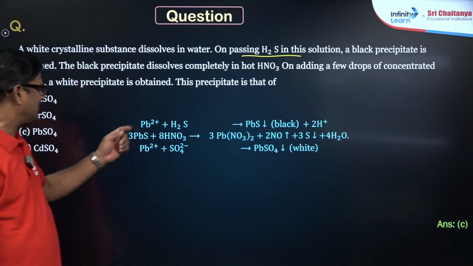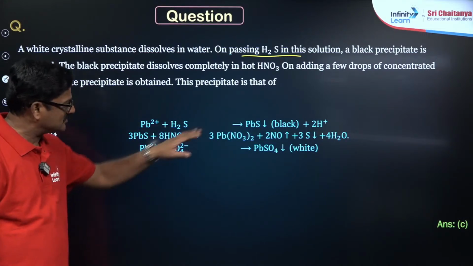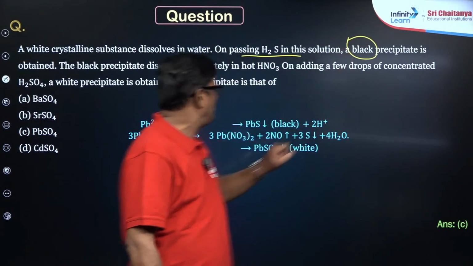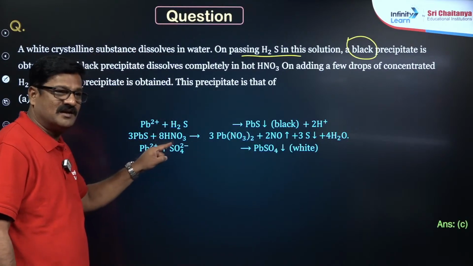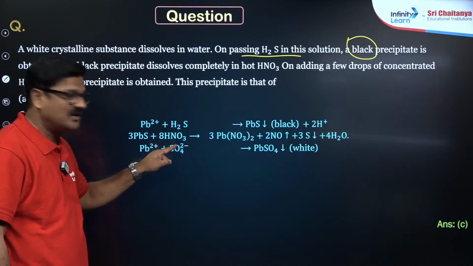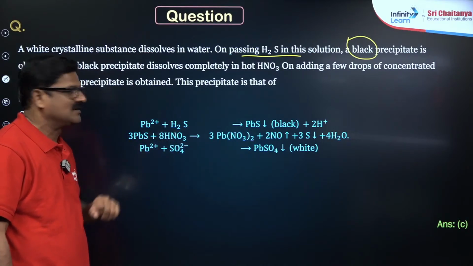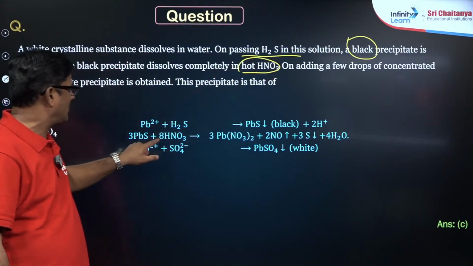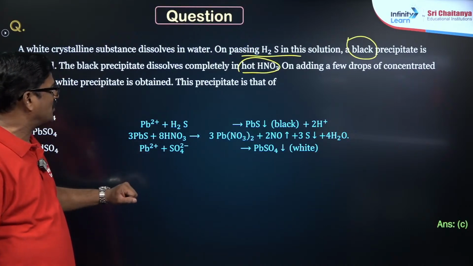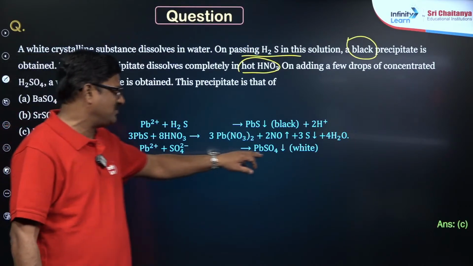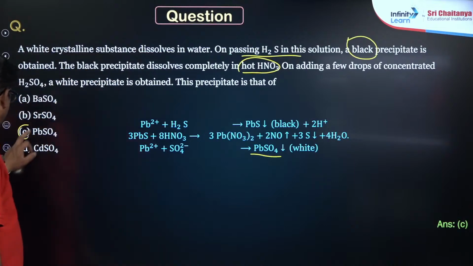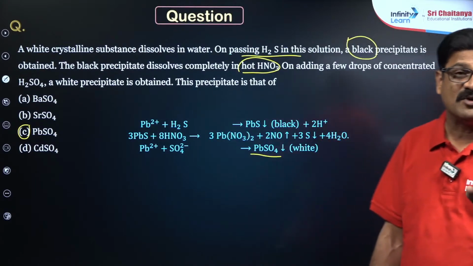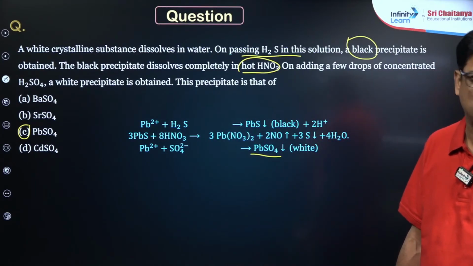Pb2 plus reacts with H2S to give black color lead sulfide, which is soluble in hot HNO3, giving lead nitrate. Pb2 plus gives a white precipitate as PbSO4, and my answer is PbSO4. It is pretty simple, stay motivated and do the best, है ना बेटा बच्चों?